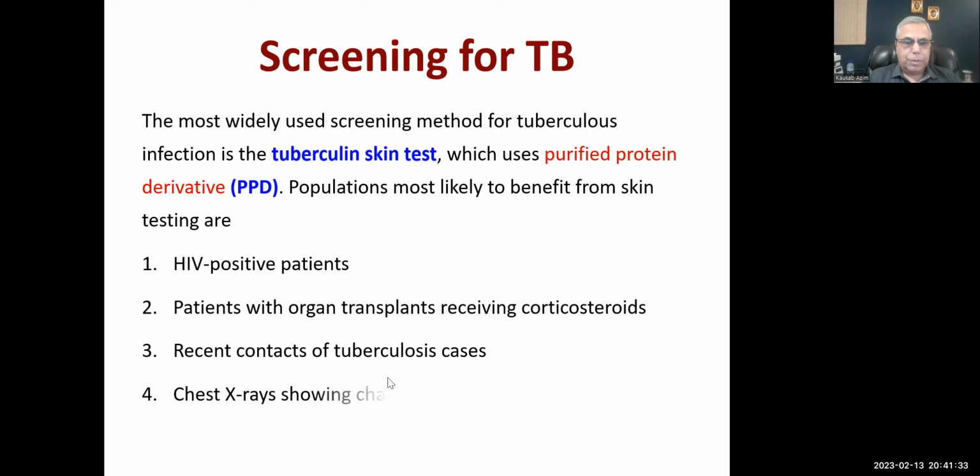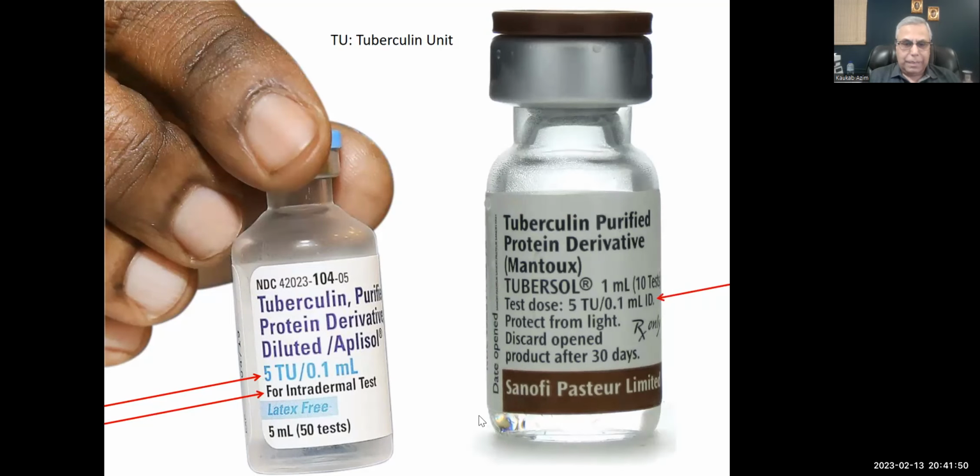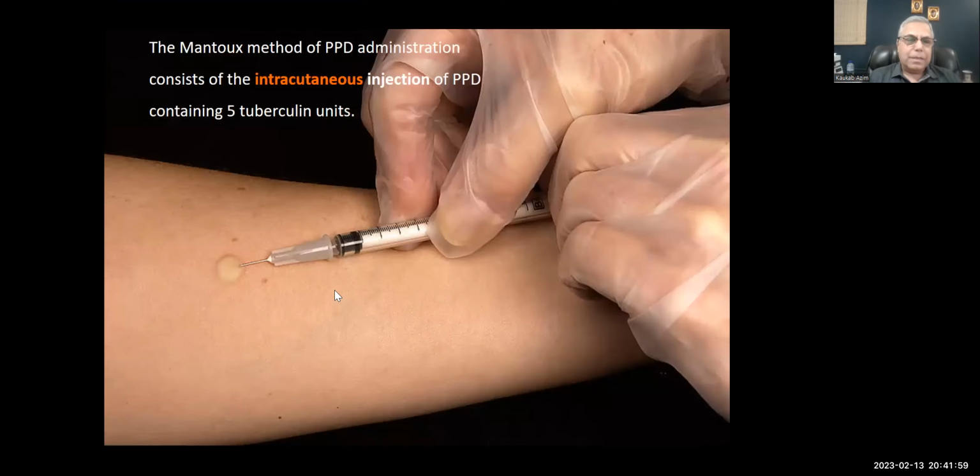Recent contacts of tuberculosis cases, chest X-ray showing changes consistent with tuberculosis, and this is a tuberculin purified protein derivative, PPD. It is known as 5 tuberculin units, which is written over here. We get them from different manufacturers, okay? And this is the national drug code, which means it is from the USA. And this is the skin test.